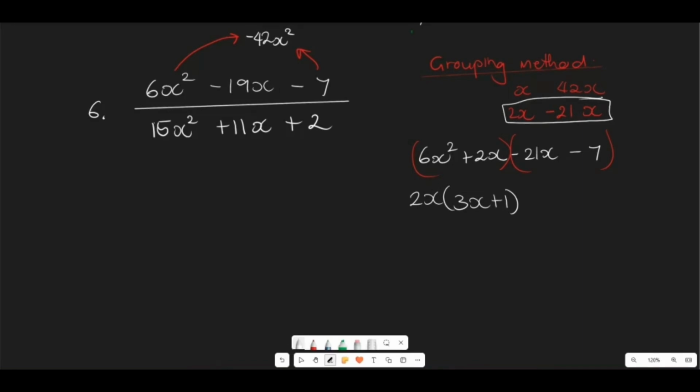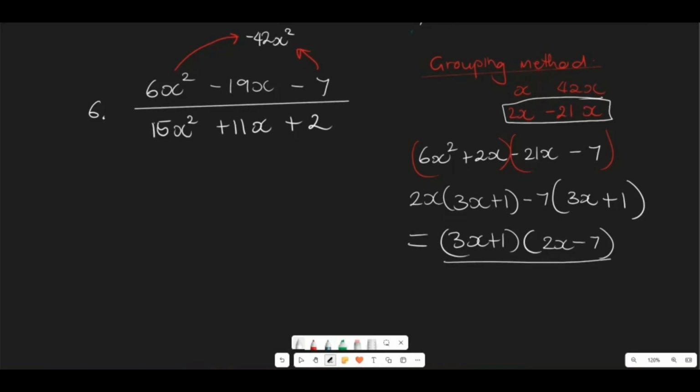Likewise, I can take out a common factor of negative 7, and I will have 3x plus 1 remaining as well. Then that's when we can group the 3x plus 1 together, and we also have the 2x minus 7 remaining on the outside. This is what we will have in the numerator.